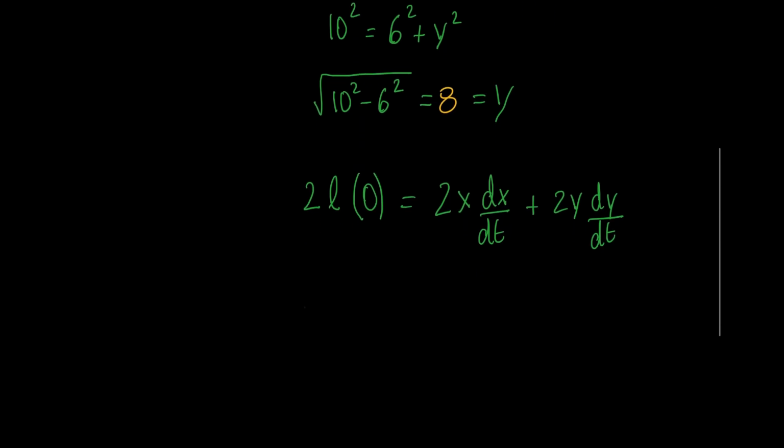So I'm substituting the variables we know already. So we know that the left side is going to be 0, and the right side is going to have an x of 6, dx over dt of 1, dy over dt, something we still need to solve, but y is 8. So let's put everything in and solve for dy over dt.